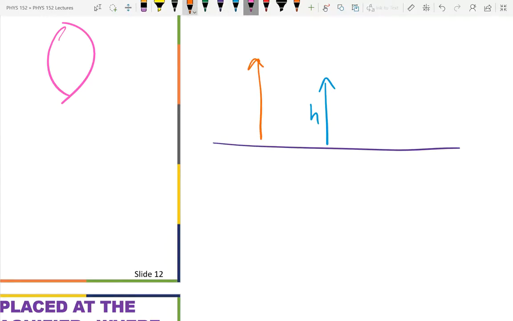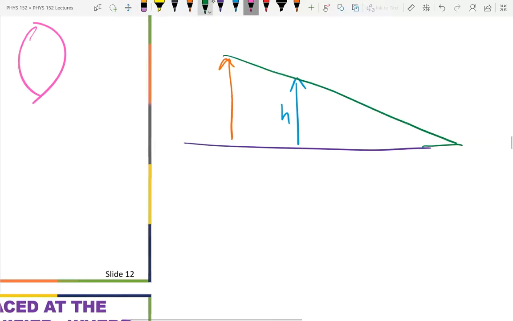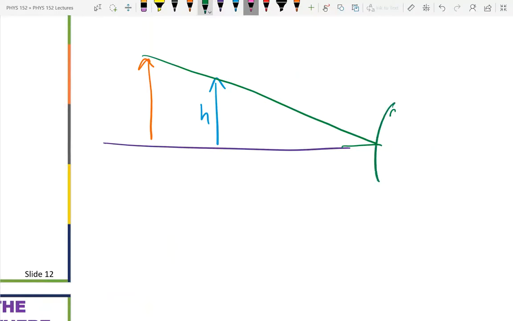Here's my image. Here's my lens. And now this distance here is the near point distance.